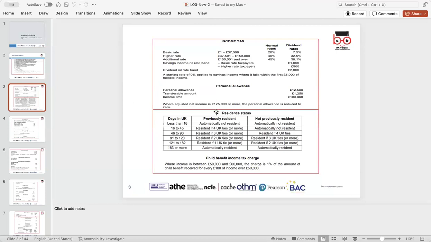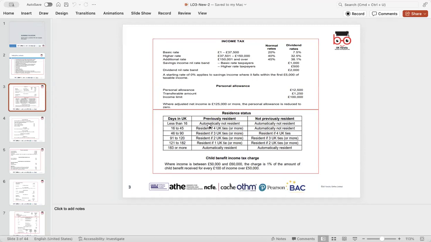Resident status is also important in determining tax obligations. Individuals who have previously been resident in the UK may be automatically considered not resident if they have no ties to the UK. Conversely, they may be considered resident based on the number of ties they have to the UK.